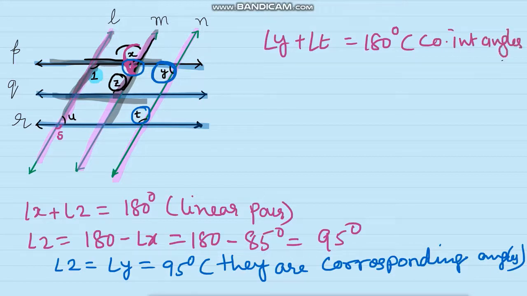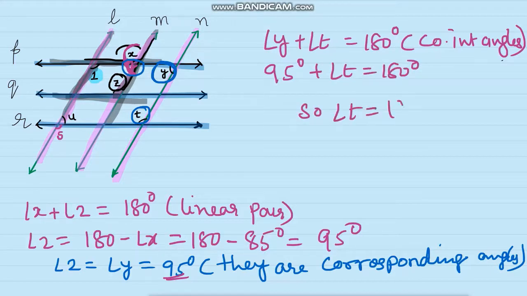We have just calculated Y is 95. So 95 degrees plus angle T will give you 180 degrees. So angle T is equal to 180 minus 95. That will give you 85 degrees.